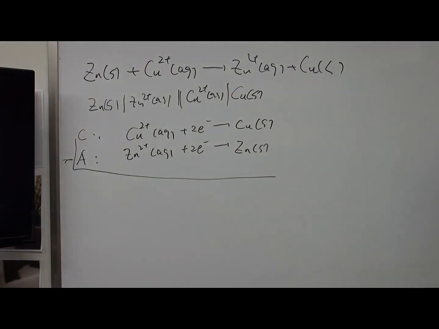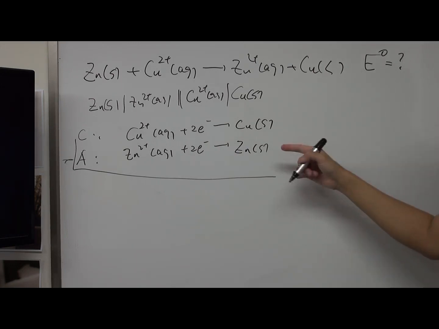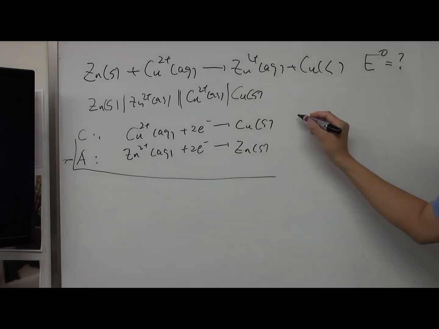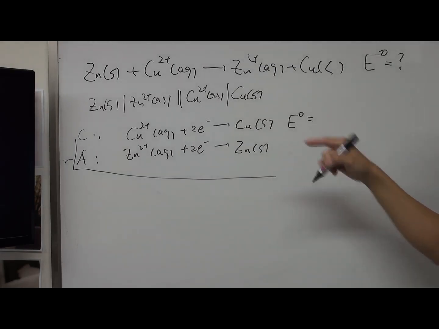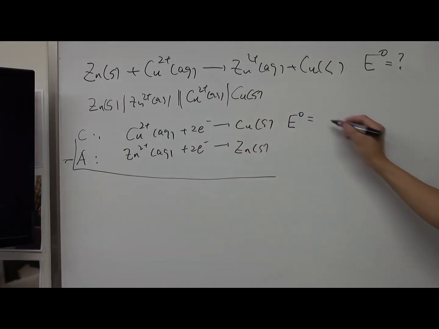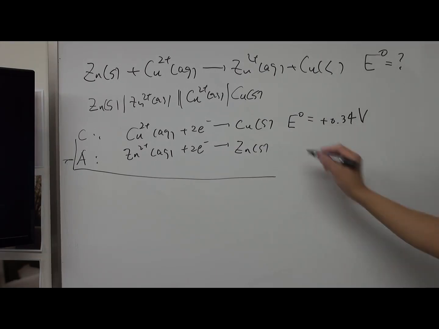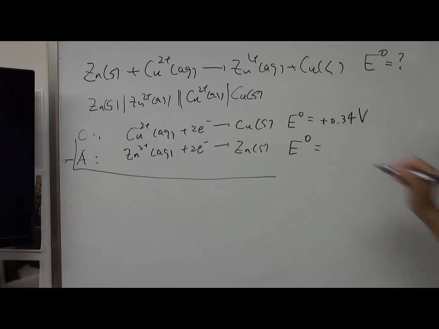Okay. And to determine the electrode potential of this electrochemical cell, how can you do it? The electrode potential of this half reaction is given in the table, right? Which is plus 0.34 volt. For this half reaction, the electrode potential is minus 0.76 volt.